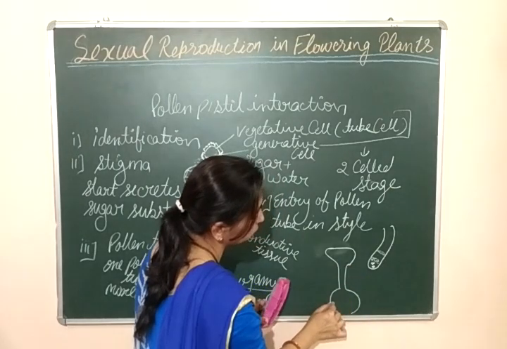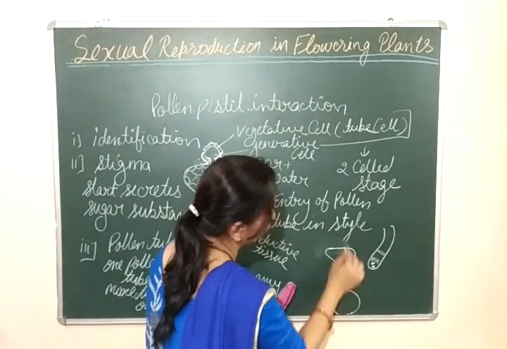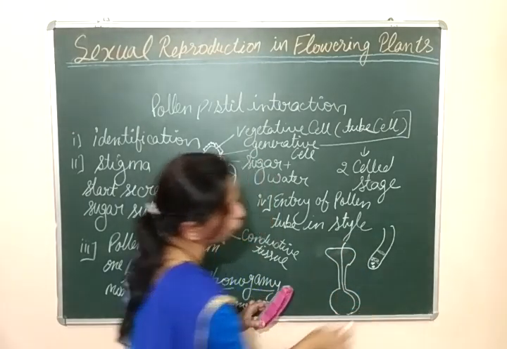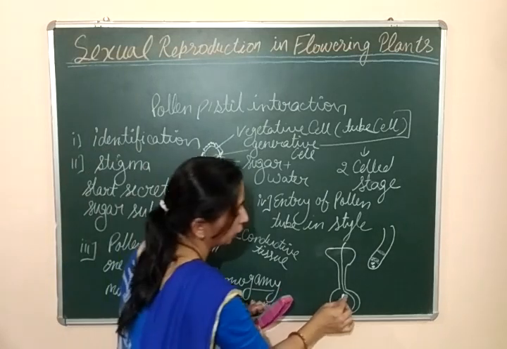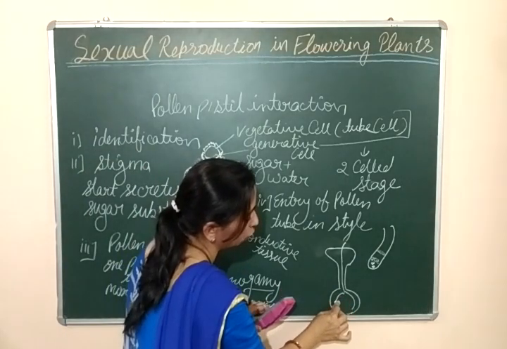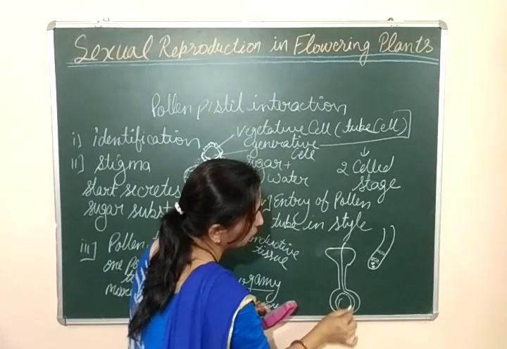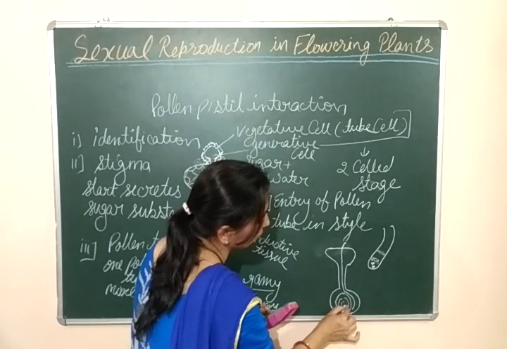Here we can draw ovary. When pollen tube is moving, it will enter inside the ovary, and inside the ovary the ovules are present. Ovule will be present inside, and inside the ovule will be present the embryo sac.